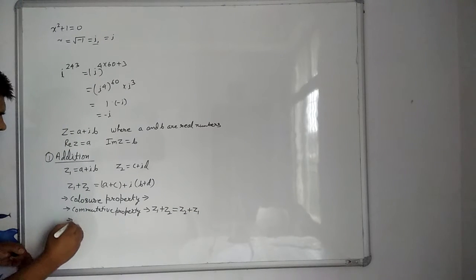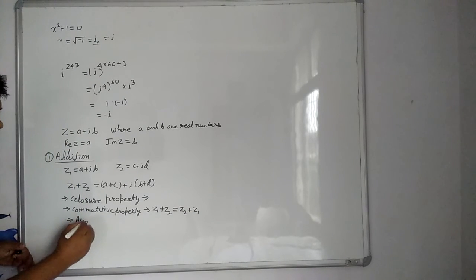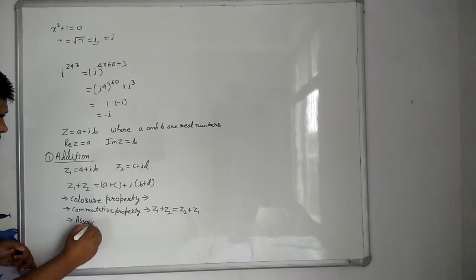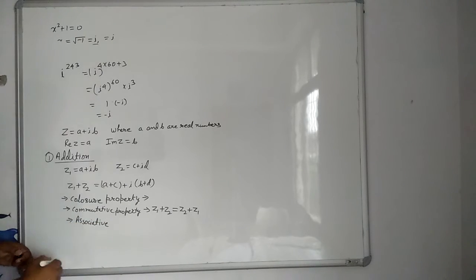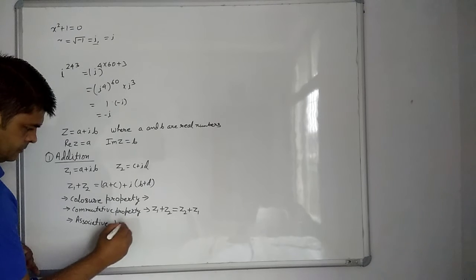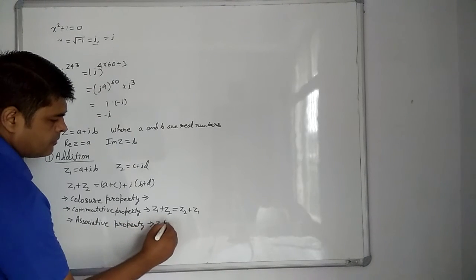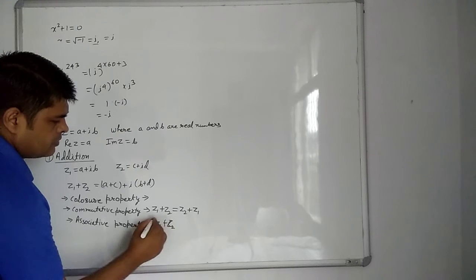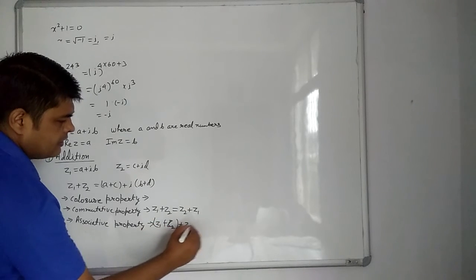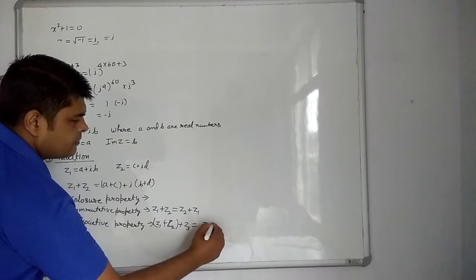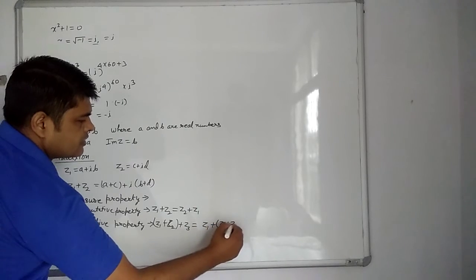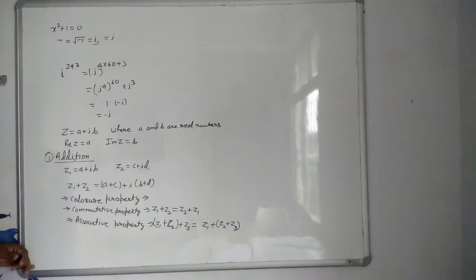The third is, as usual, associative property. For any three complex numbers, we have z1 plus z2 and then plus z3 equals z1 plus z2 plus z3. So it is independent of grouping.